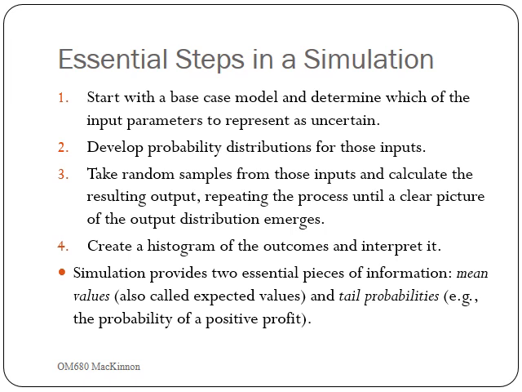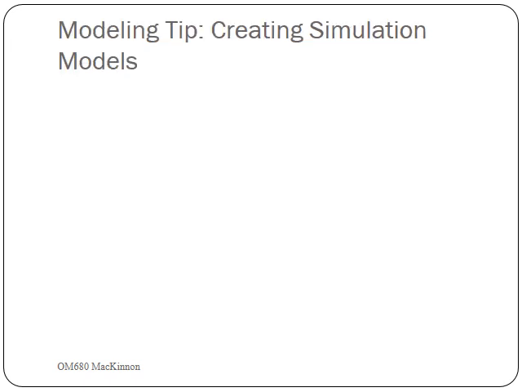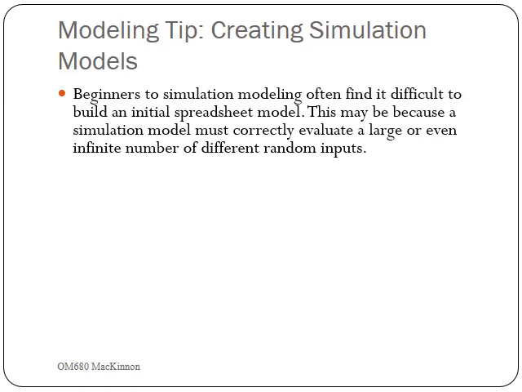A lot of times people don't know where to begin with Monte Carlo simulation, but as I said, build the model as if you had no uncertainty, as if all of your parameters, all of your inputs, are known. You build the model, put things in their place, and make it very readable and interpretable.